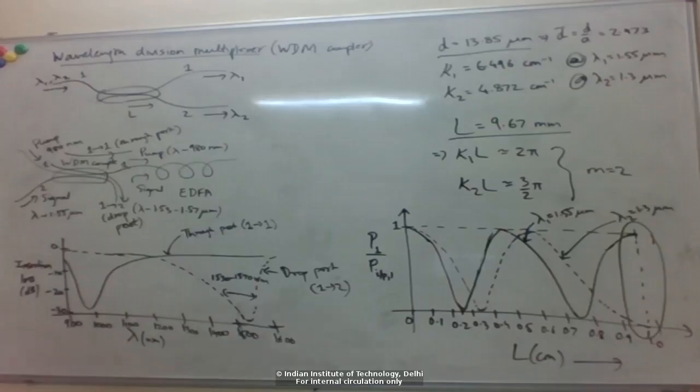Okay, so nowadays you can find these fiber couplers, like both power couplers, splitters, and these wavelength division WDM couplers, at various different wavelengths that you want depending on your application.